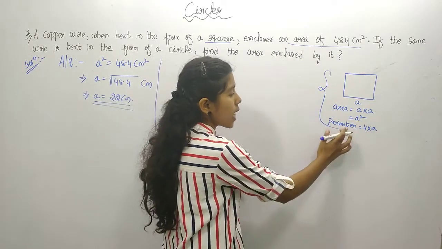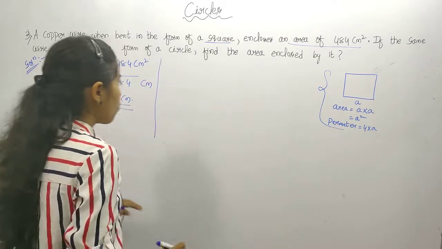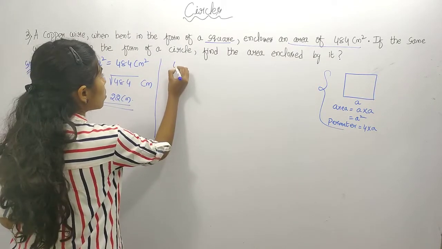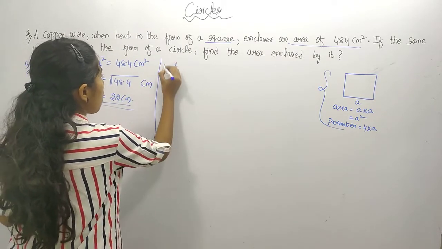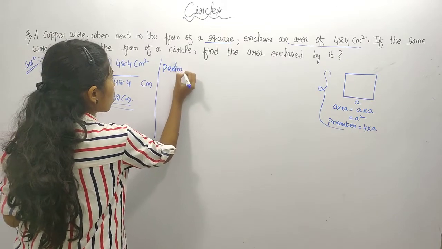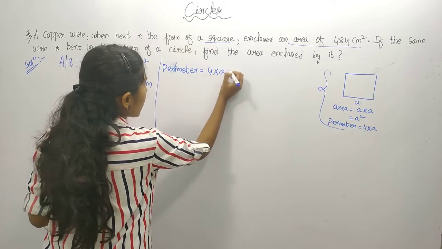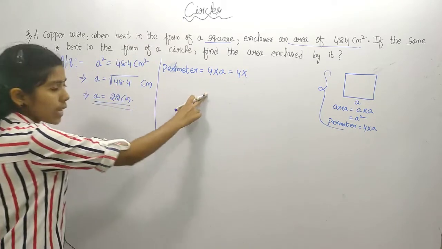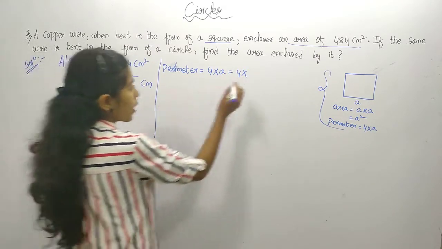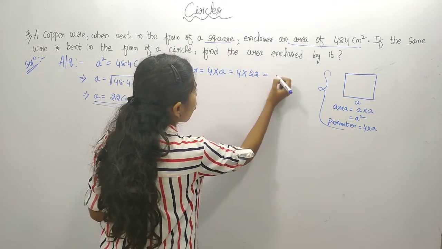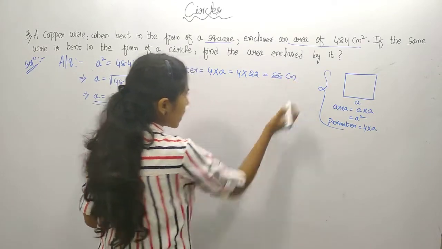Here the side is A, so perimeter equals 4A, which equals 4 into 22, so 4 into 22 is 88 cm.